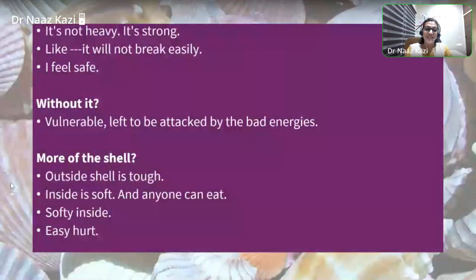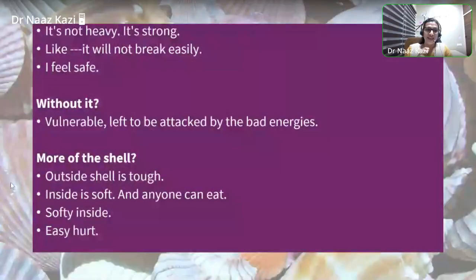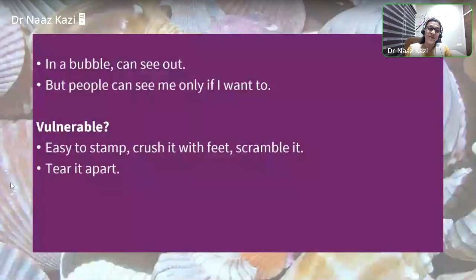It is softy inside and easy to hurt. So beautiful, right? We spoke of the structure being too structured grossly when we see a shell and a soft, and she's really describing that to us. She says, in a bubble, I can see out, but people can see me only if I want to be.